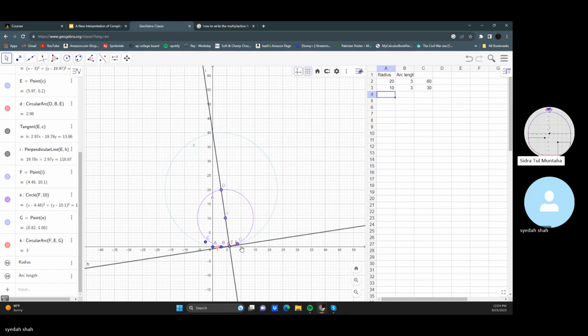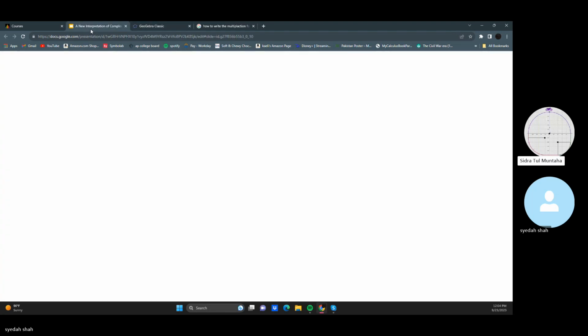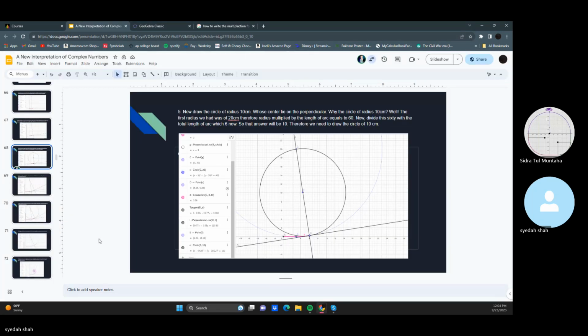So it's not going to make any sense for the circle. So we have to make a quite big circle so that we can get this line segment AB as an arc of a circle. I think we should leave this, move to our next circuits, and complete our Euler curve.